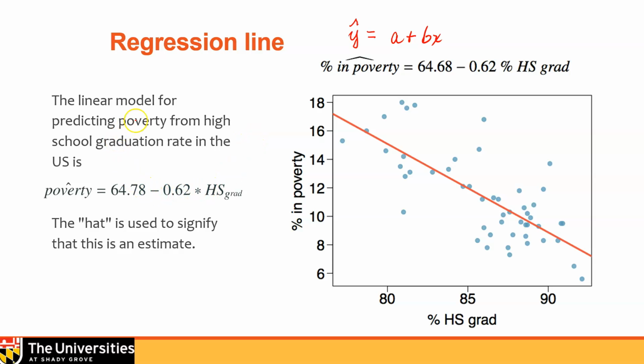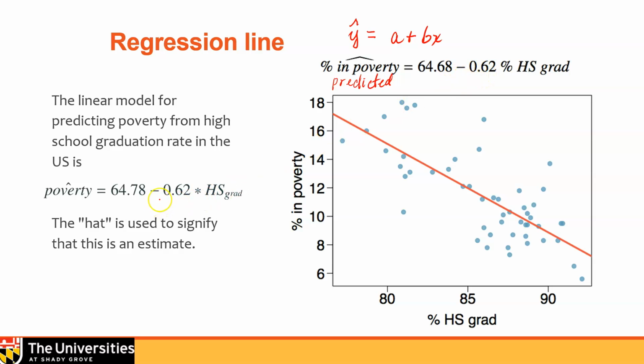But here, once again, we've got our linear model. We've got a predicted value, and that predicted value for y is what our model gives, and we signify that it's predicted by using a hat. As we do with any linear model, we've got an estimate for an intercept and an estimate for the coefficient, which would be the slope.